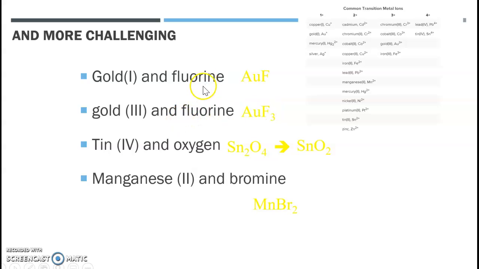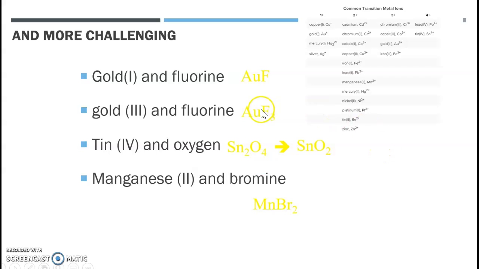Okay, you're doing crisscross here. 3 goes to fluorine and 1, which isn't on the screen, but you probably remember, and you're sitting there with a periodic table probably, that's a -1. Okay, when you end up with something like this, tin 4 and oxygen, oxygen is a -2. It would take 2 oxygens to equal 4.